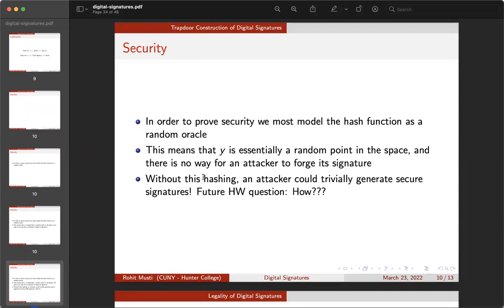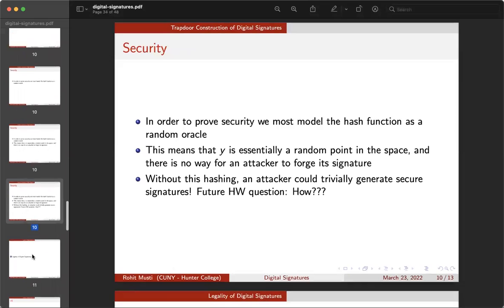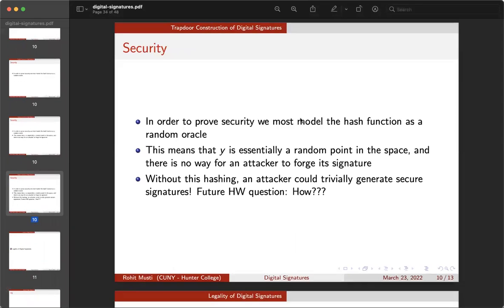The downside is that modeling this hash function as a random oracle means there's a lot baked into that assumption. In reality, no hash function is equivalent to a random oracle, so that's a weakness in these security schemes.